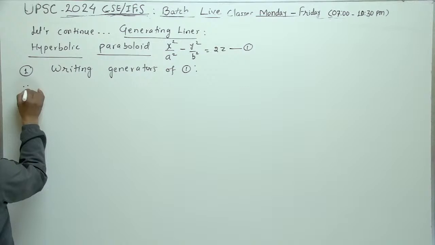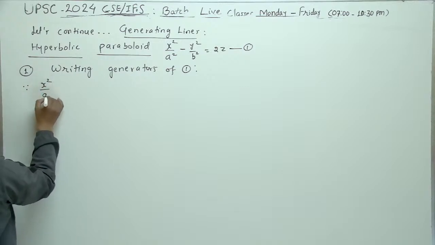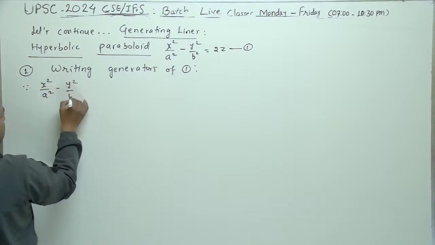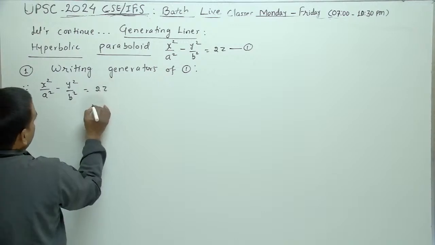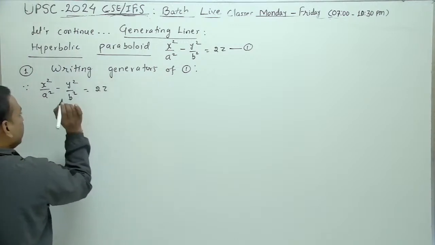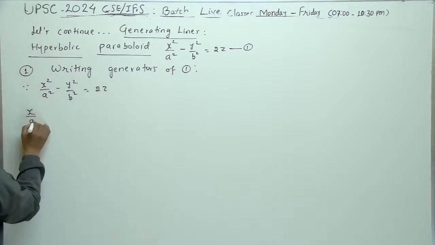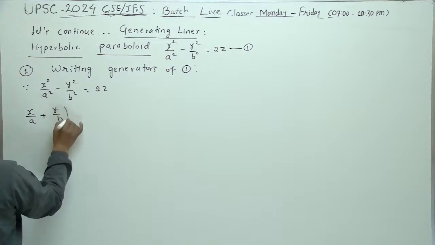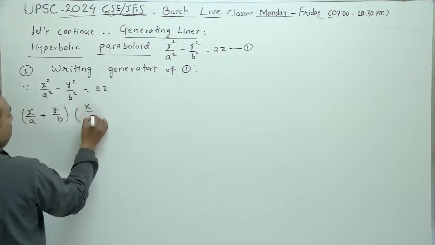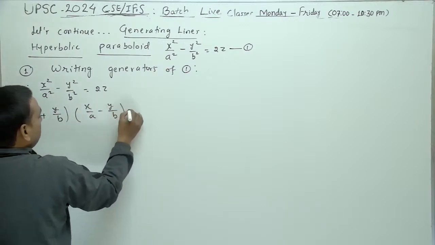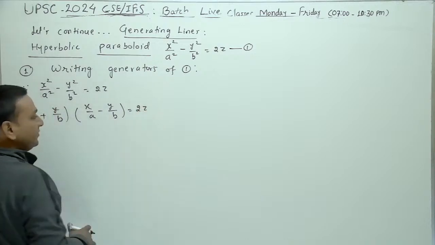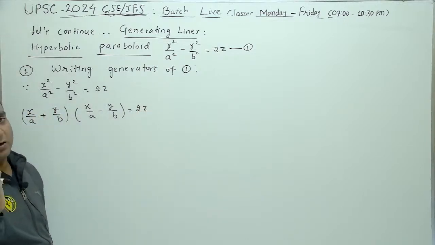Watch carefully, since x square upon a square minus y square upon b square equals 2z is the given surface. This can be written as, and this beautiful exercise we had done in the previous lecture as well. So you people are suggested to attend both in one go, right?